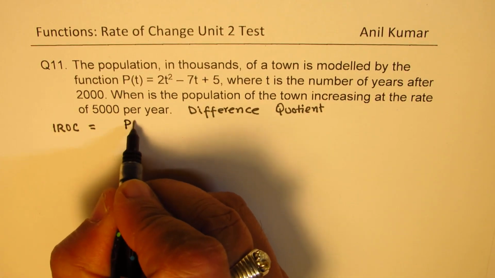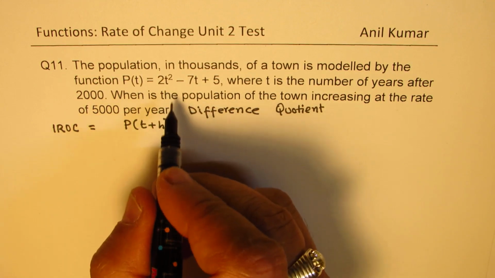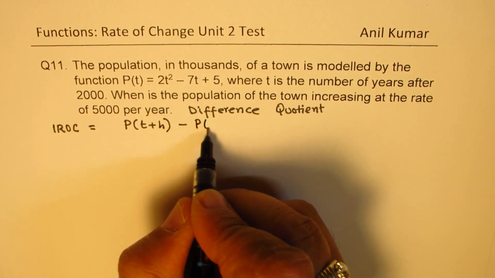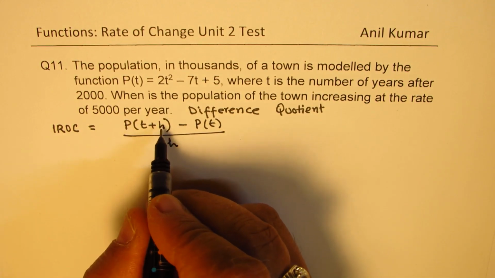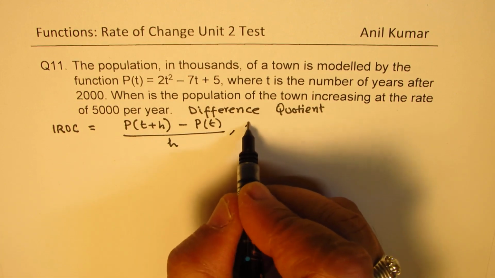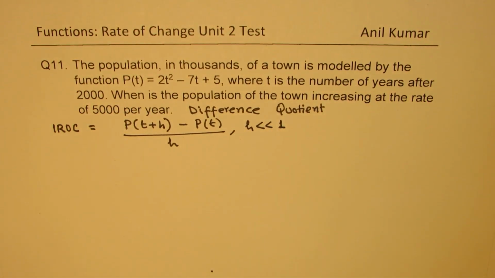Basically we'll find the difference between the population at that time, like this. Here we are assuming that h is very, very small as compared to 1.